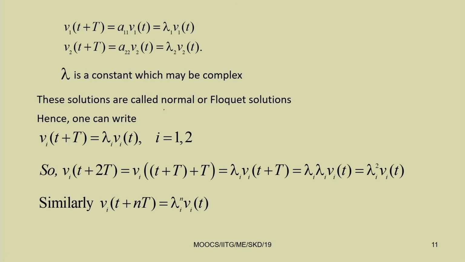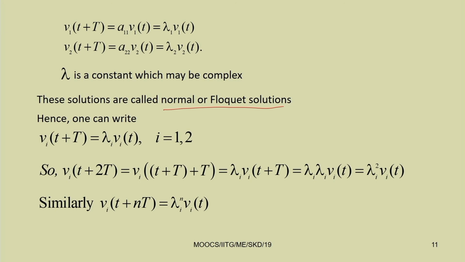The set of solutions for which the A matrix is diagonal are known as Floquet solutions or normal solutions. In that case we can write Vi(t + T) equal to lambda i Vi(t), with i equal to 1 and 2, so V1(t + T) equal to lambda 1 V1(t) and V2(t + T) equal to lambda 2 V2(t).